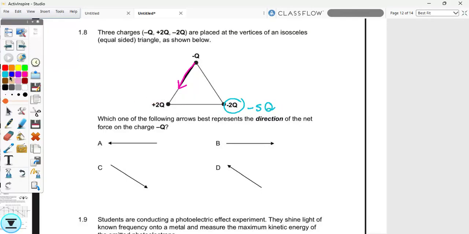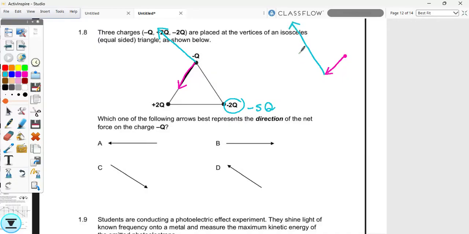So the negative one now will be a longer line. So now if you go and draw your head to tail, even if you don't have sizes, we draw the pink force first, it's going to be there, but then this one is going to be a much longer line. So I'm going to draw it like that.